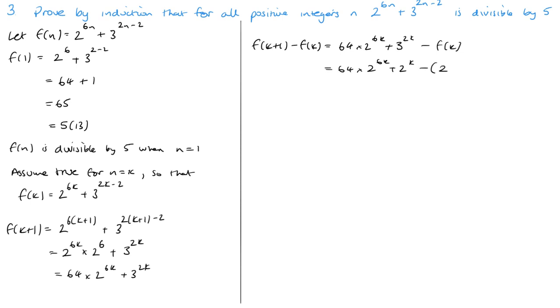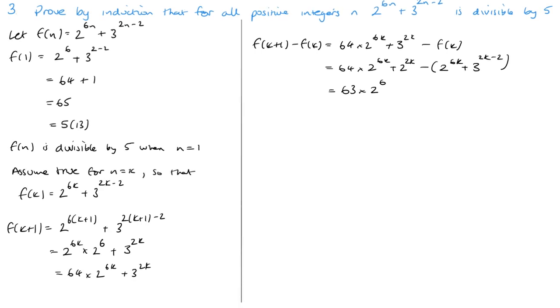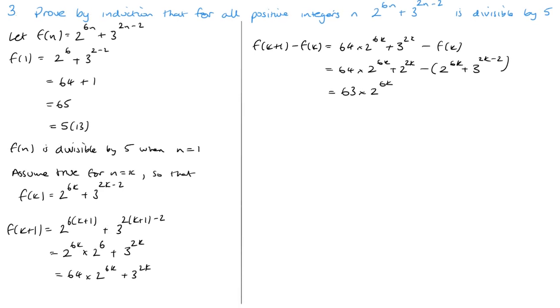What's this? 2 to the 6k plus 3 to the 2k minus 2. So we've got 63 of these. Oh, that's a 3 there, not a 2, sorry.